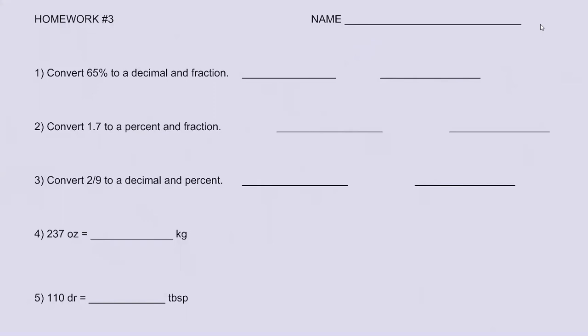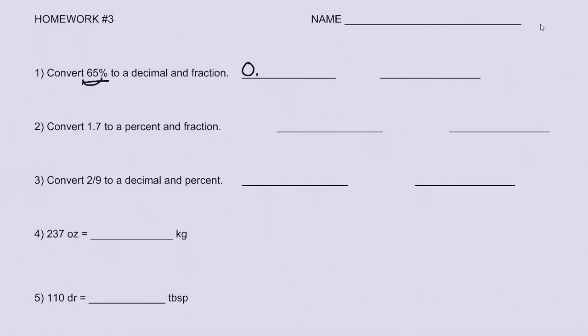We're going to start off with some of the easier stuff about converting percentages to decimals, decimals to fractions, fractions to percents, that sort of thing. But don't forget, whenever you're working with those percentages, you're always working with 100%. So if I convert this 65% to a decimal, I'm just going to move the decimal place over 2 spots.